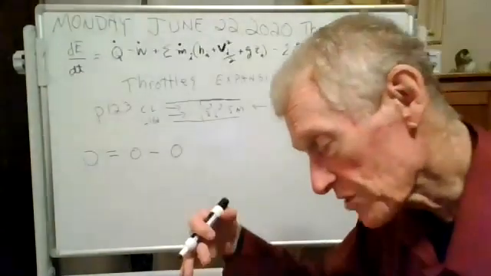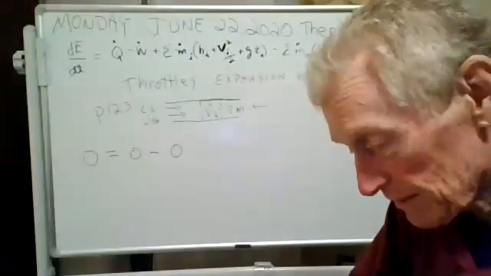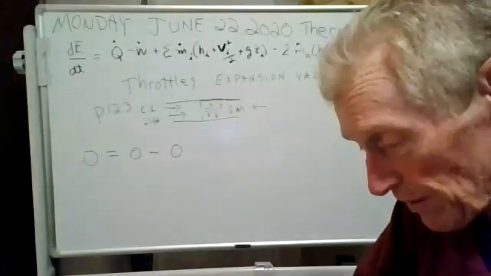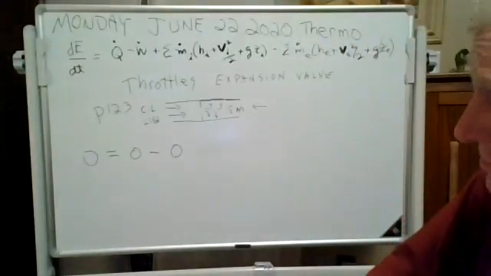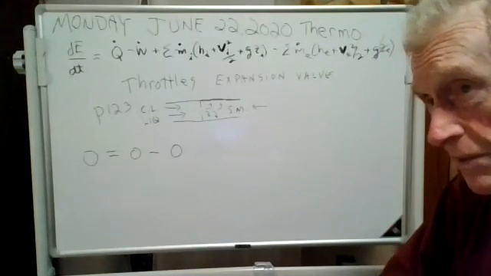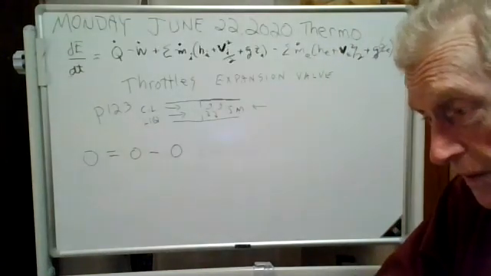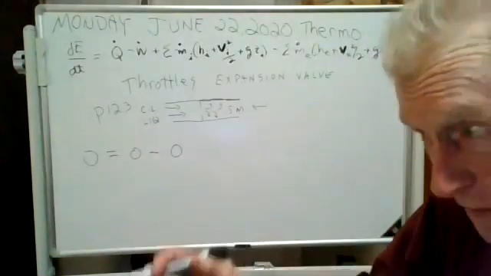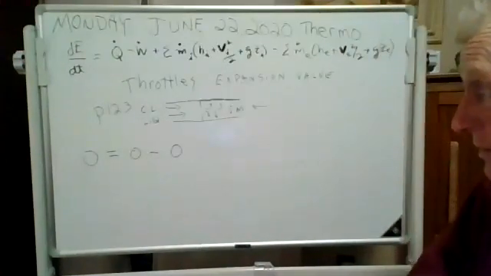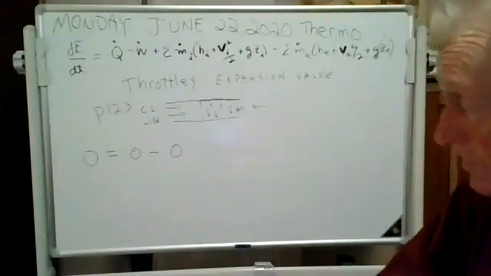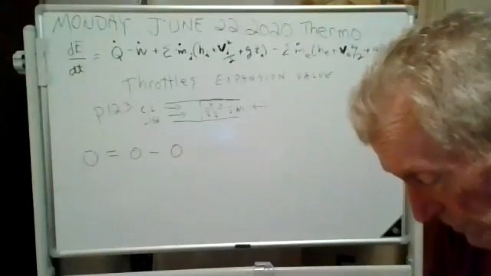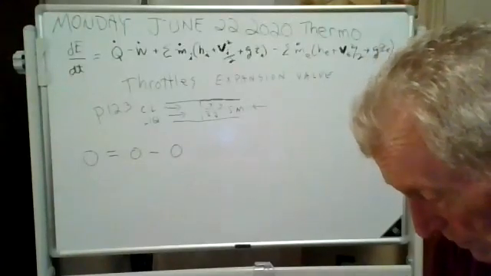In other words, you're having a change of state. So that's what throttles do. Turbines provide power, nozzles speed up, and throttles provide a change of state. So I've told you about throttles, and we're going to work one.